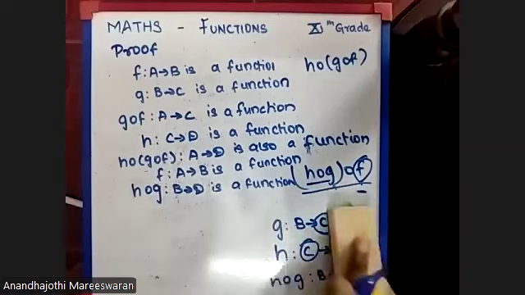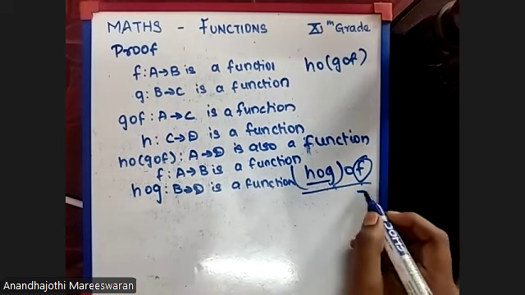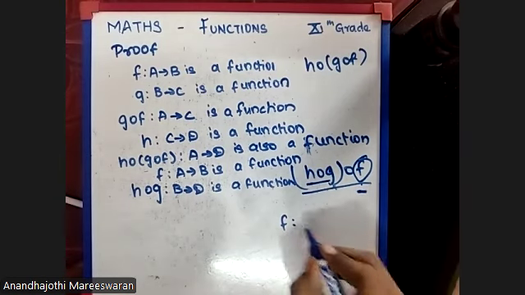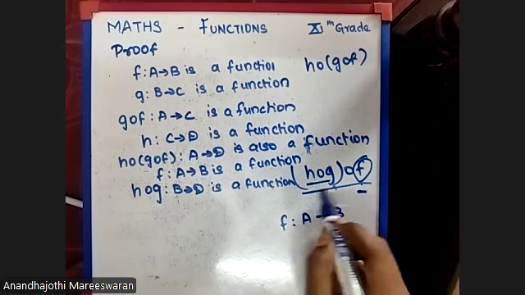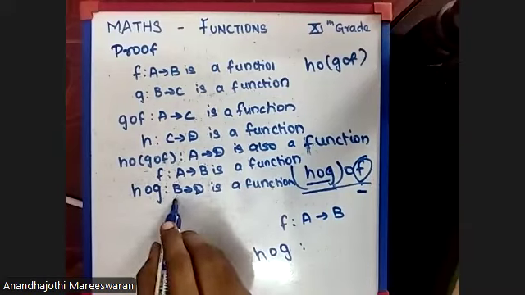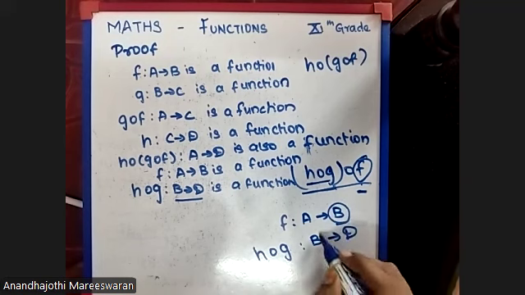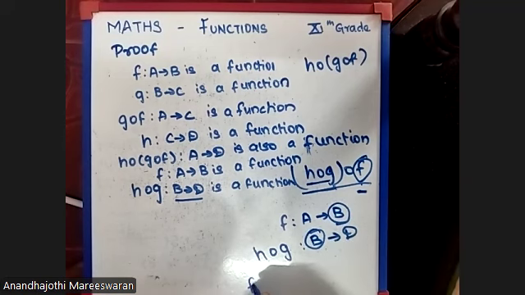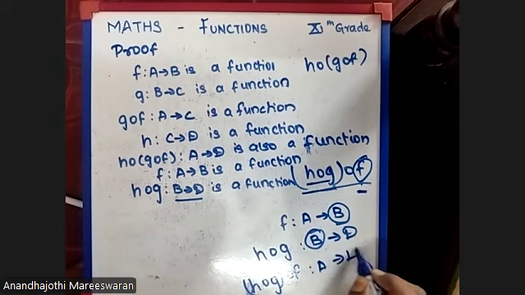Now we are going to find it for the entire thing. Who is on the right side? F. F maps from A to B. Who is next? H circle G, which lies between B to D. Both are the same, so we can write H circle G circle F maps A to D, right?